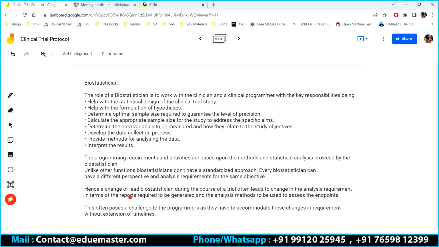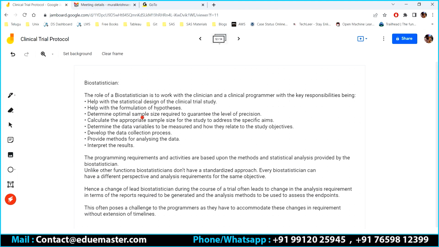A clinical SAS programmer, over the years, by gaining enough knowledge of the statistical terms, can turn into a biostatistician. There is a possibility. But ideally speaking, these are two different roles.